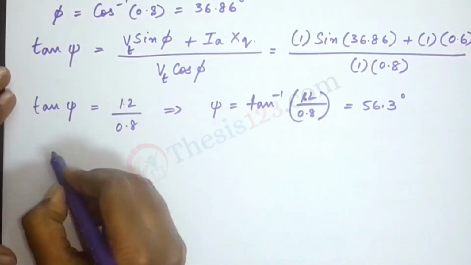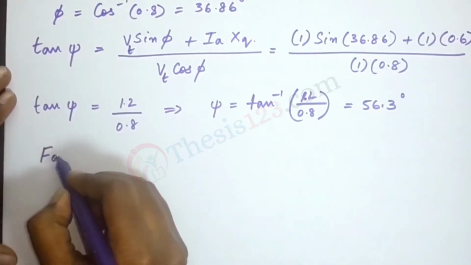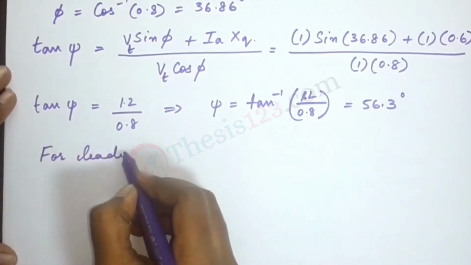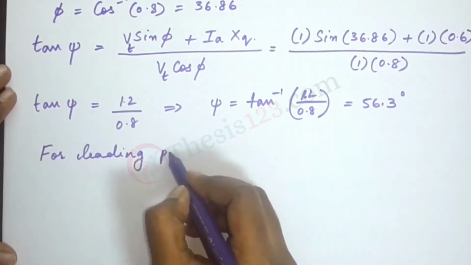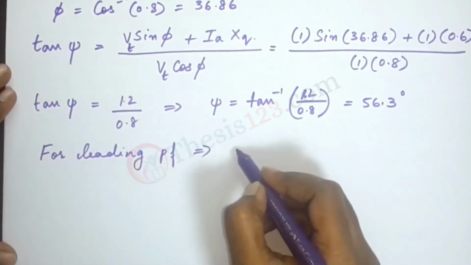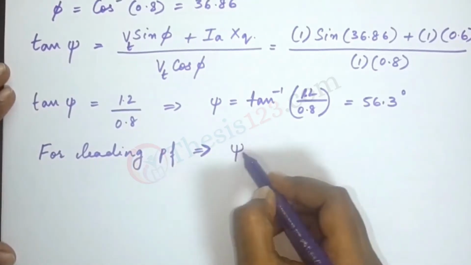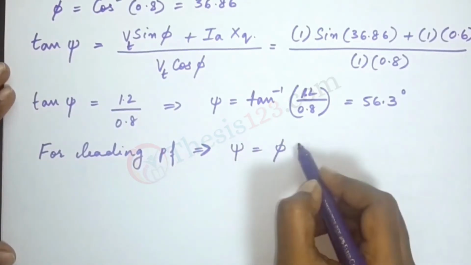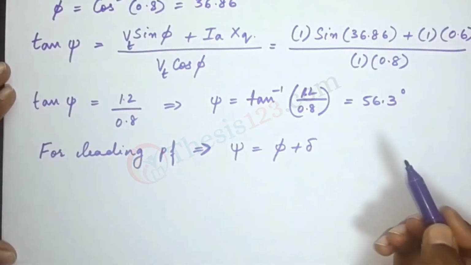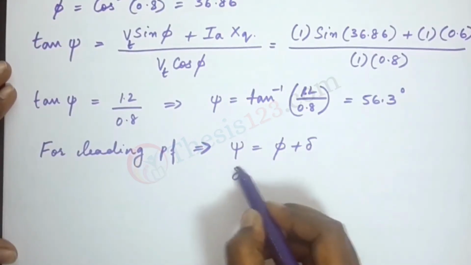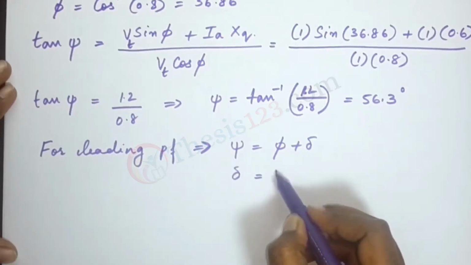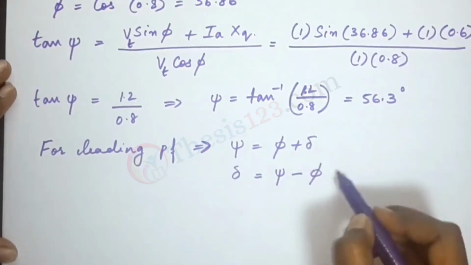Now for leading power factor, the question mentions that it is power factor 0.8 leading. So for leading power factor, the relationship between all the three angles is psi is equal to phi plus delta. Now we know the values of psi and phi, we can easily find what delta is. So delta would be equal to psi minus phi.